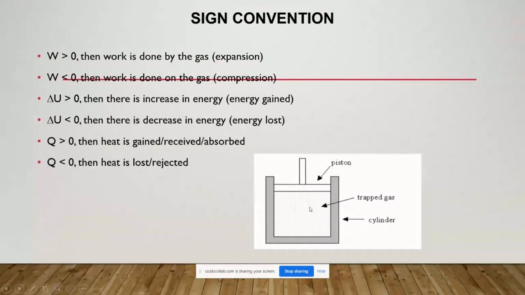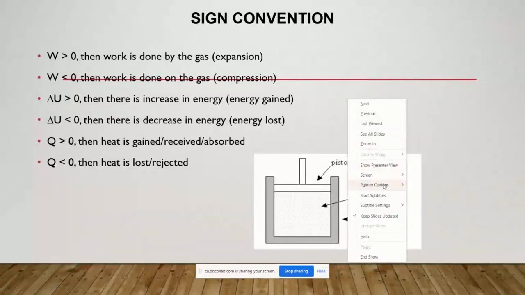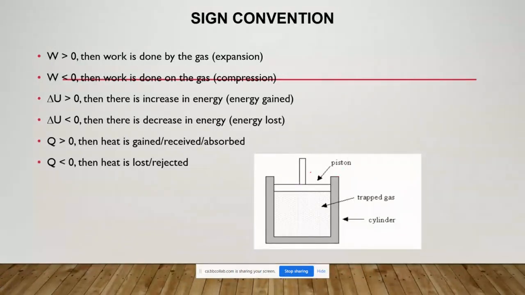Let's have a look at this sketch here, where you have a piston. Here's a piston, and then you apply force on that gas through a piston. This gas here is going to be compressed. In other words, the pressure is going to increase and the volume is going to decrease.